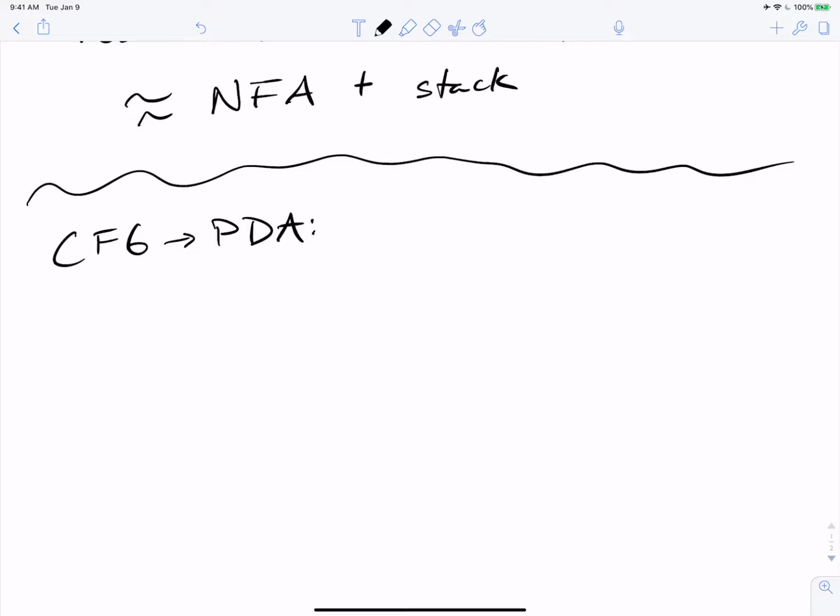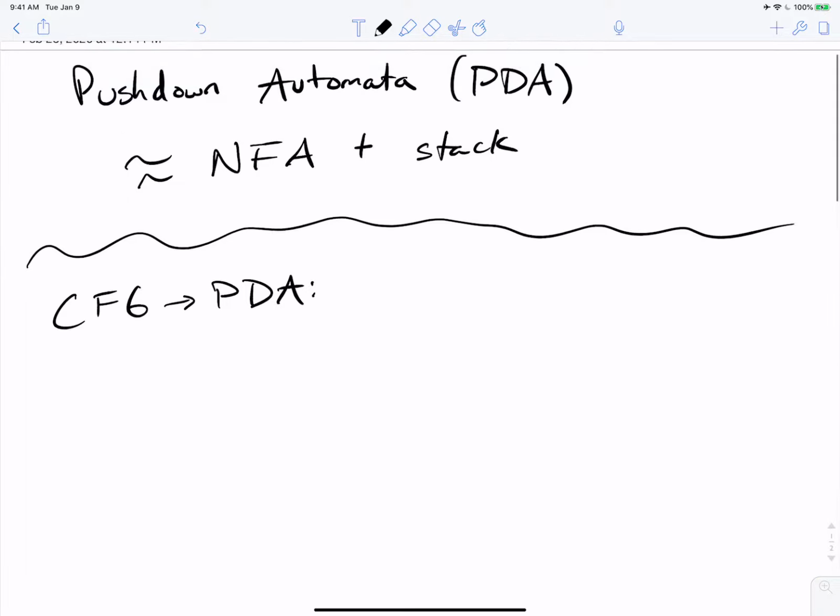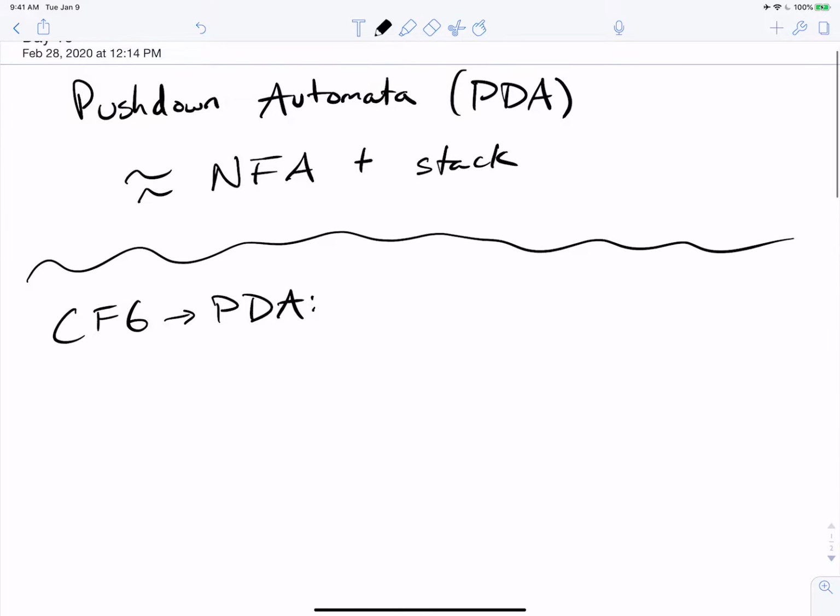Okay, so we're given a context-free grammar, and we want to produce an equivalent PDA for the same language. Well, that seems kind of hard to do because a context-free grammar has all these variables and rules and things, and the PDA has none of those things.